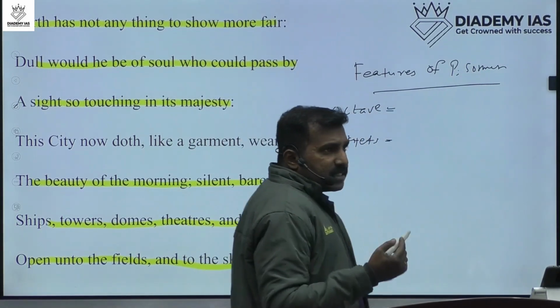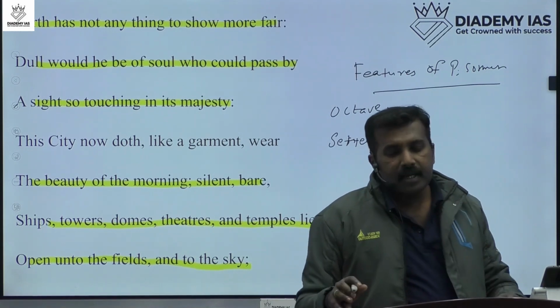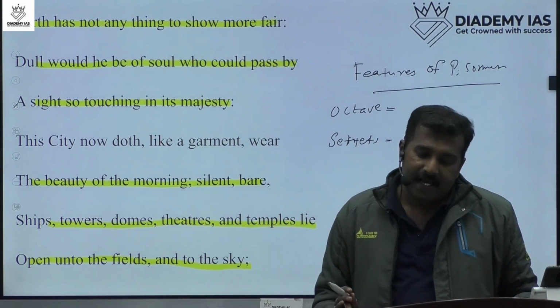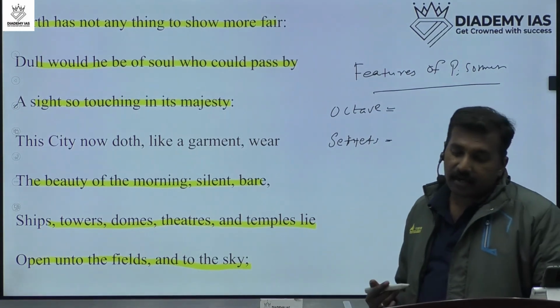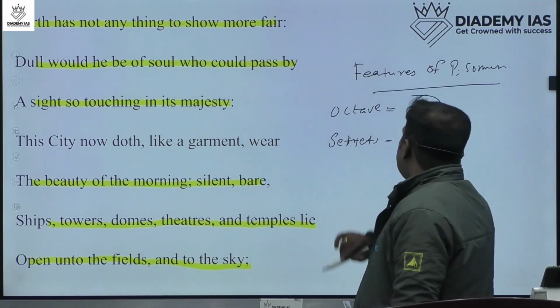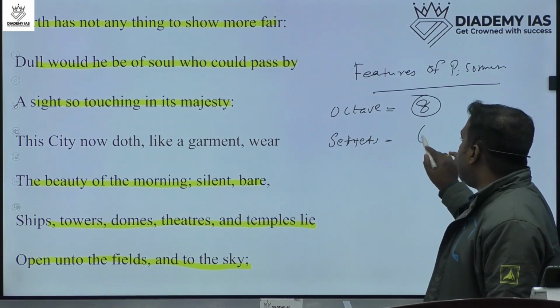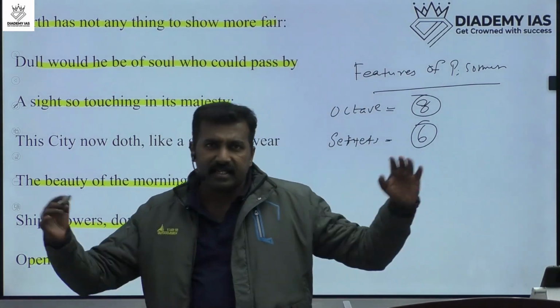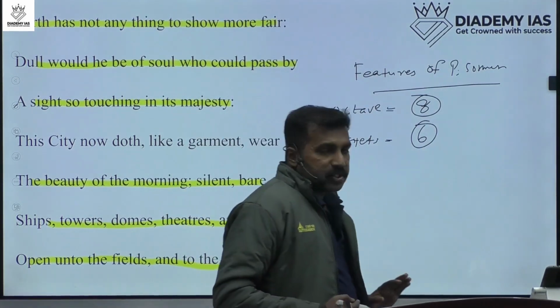What is octave and what is sestet? It means that the first 8 lines of the poem are considered as octave, and the remaining 6 lines of the poem are considered as sestet. So these are the two divisions of the Petrarchian sonnet.